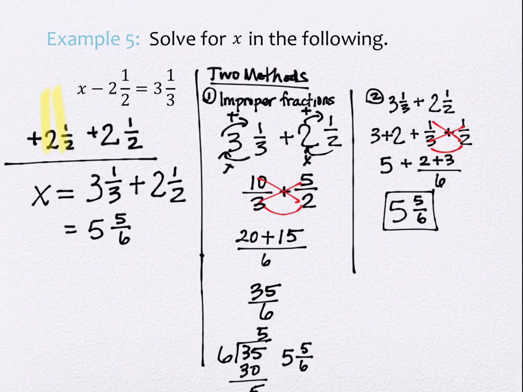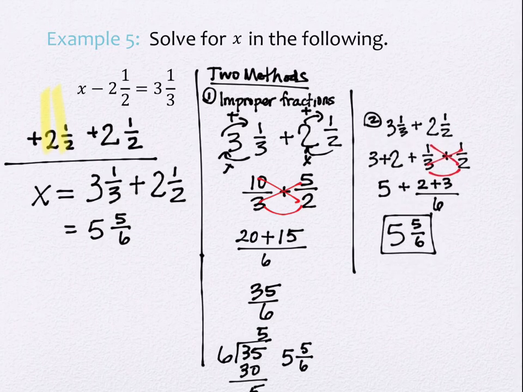It's still going to be smaller than the 35/6 that I had doing it the other way. So those are two specifically different ways to do it. I call this the mixed number approach because I'm actually leaving the numbers mixed instead of making them all into improper fractions.